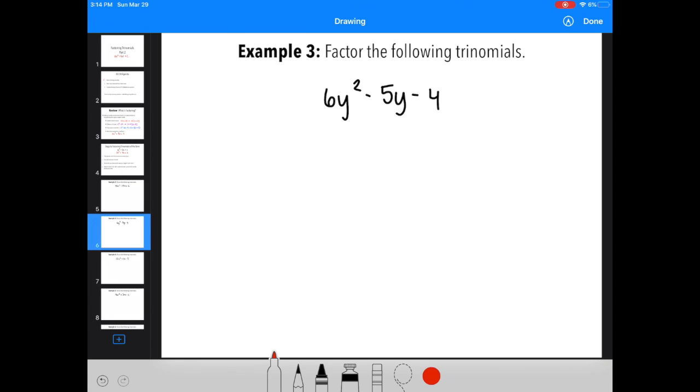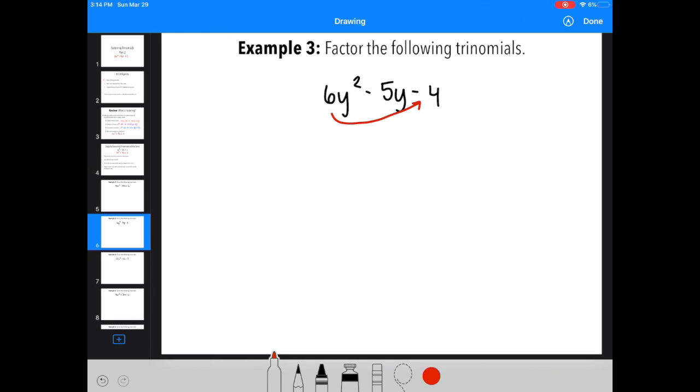All right, let's look at 6y squared minus 5y minus 4. My first step is to slide my first coefficient. So 6 down to negative 4 gives me negative 24. So I have y squared minus 5y minus 24.